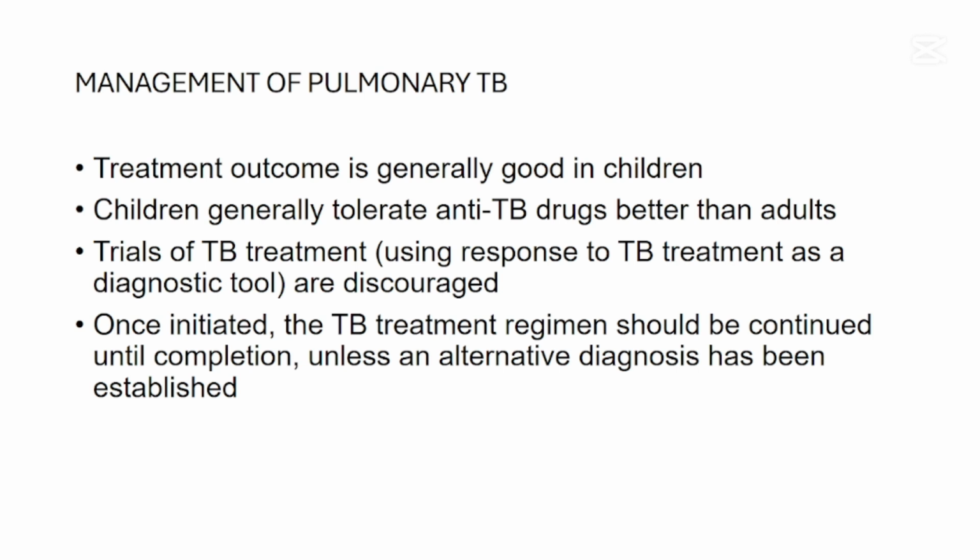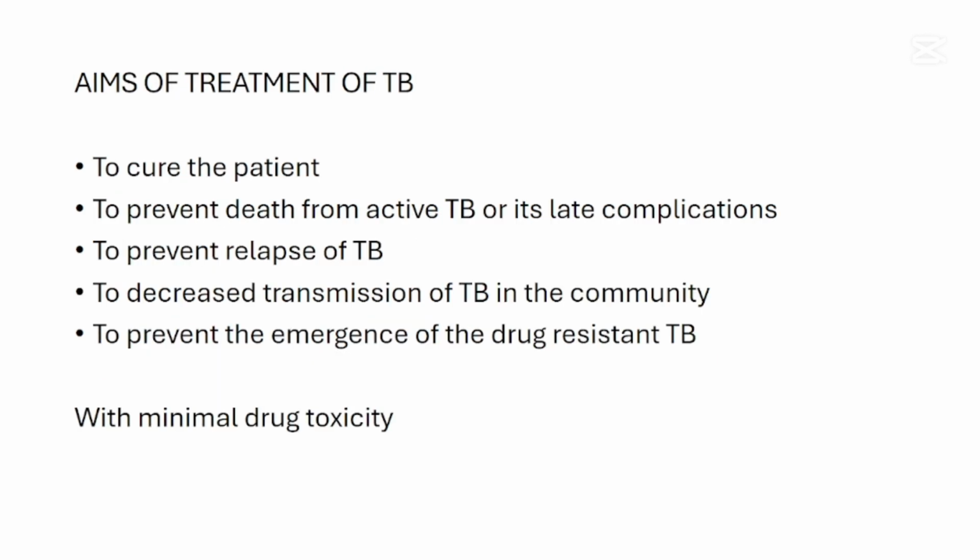If you initiate a treatment, you should continue the treatment and finish it, unless an alternative sound diagnosis appears, like if we think some lymph node is TB, and we start treatment. But if it comes as a malignancy, then we can stop anti-TB treatment if it is a clinically diagnosed TB, not bacteriologically confirmed, right?